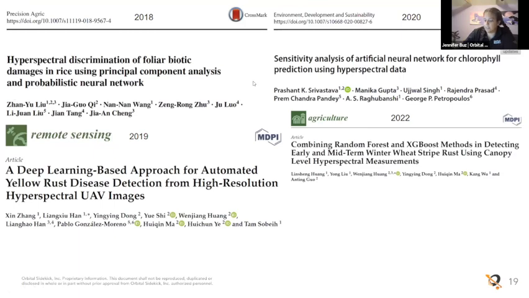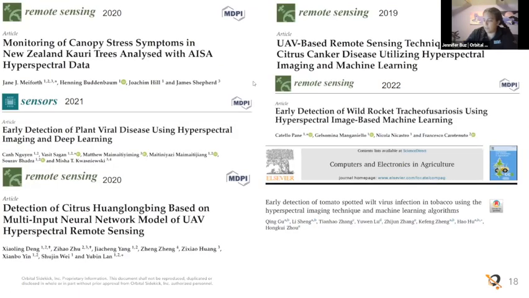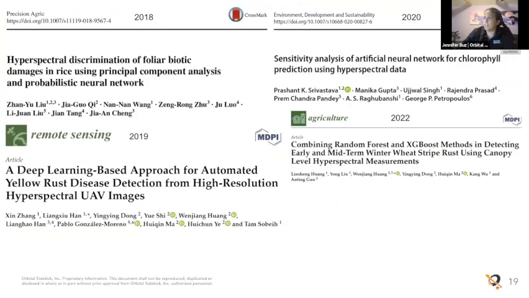This is not nearly all of the papers that have come out in just the last couple of years on these two specific newer things. So I think it's really a game changer.